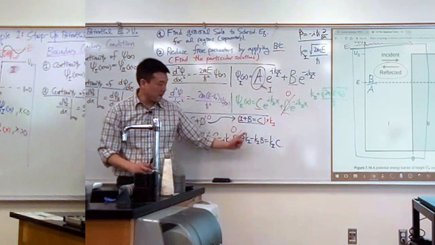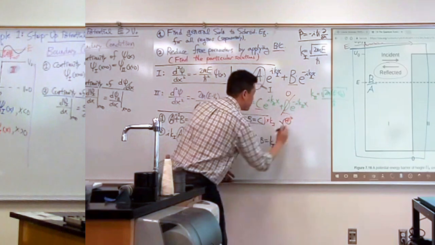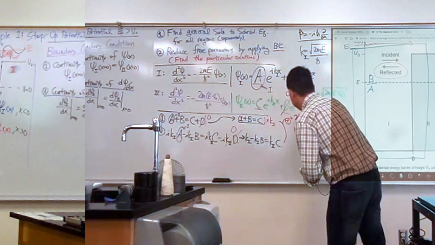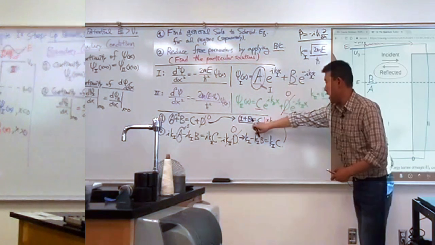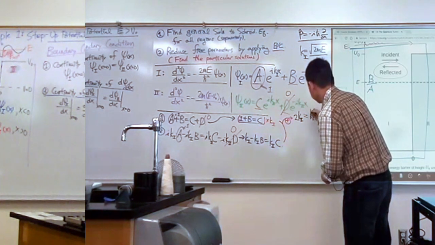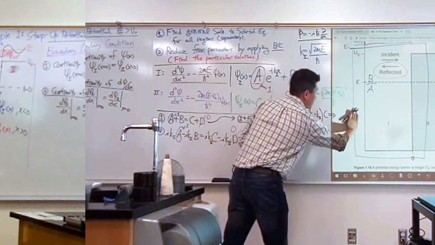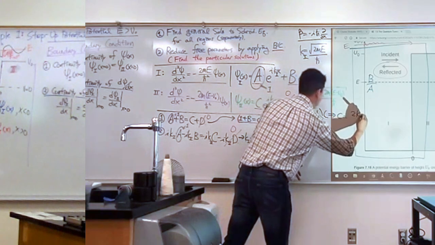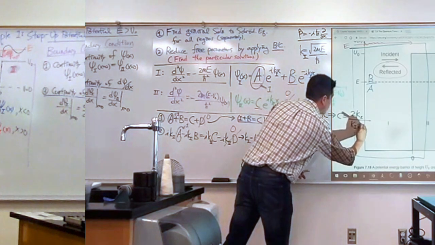When I add these two together, I'll get rid of B. So by adding them together, what I end up with is K1 plus K1, so 2K1, is equal to K1 plus K2, times C. And I can solve for C: C is equal to 2K1 divided by K1 plus K2.